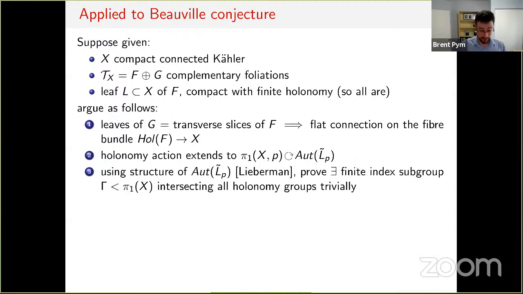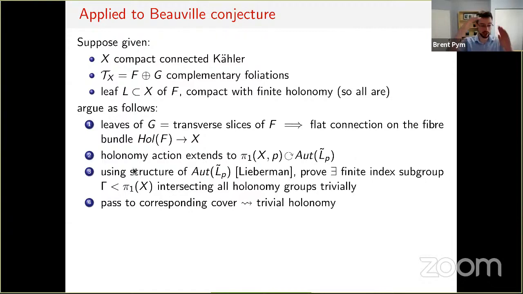And what that means is that if you pass to the covering space of X, which corresponds to this subgroup gamma, then of course, passing to the covering space, you can just lift everything to the covering space. You get transverse foliations on the covering space. But now, on that covering space, the foliation F has had its holonomy trivialized. So it must be the fibers of a fiber bundle.